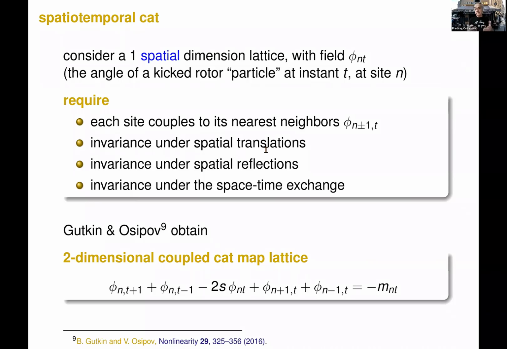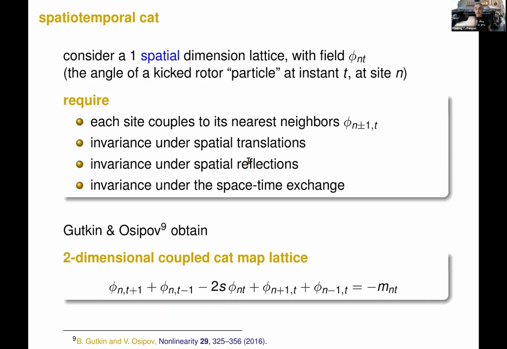Require that the rule in which cats interact is the same in Kyoto and in Atlanta. Translation, spatial. We don't care what's left and right. That's a prejudice, sinister or not sinister. So if I flip it, it should be the same. So I require spatial reflection.